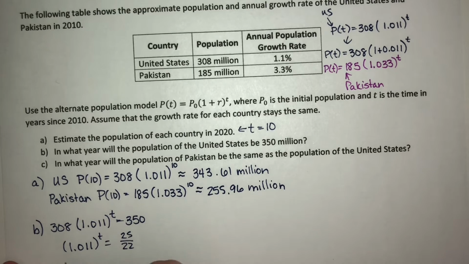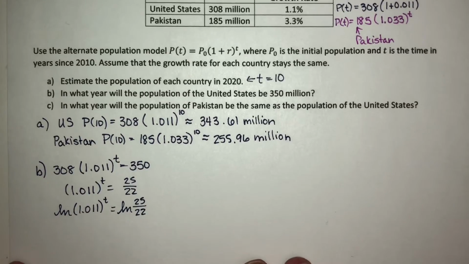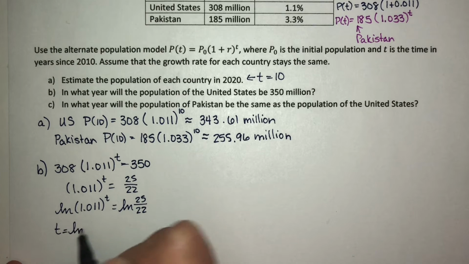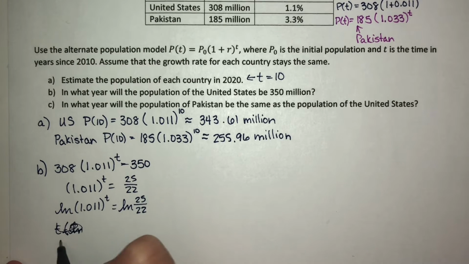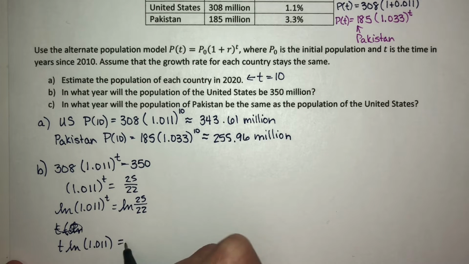Now take the natural log of both sides. Move the t to the front: t times natural log of 1.011 is equal to natural log of 25 over 22.